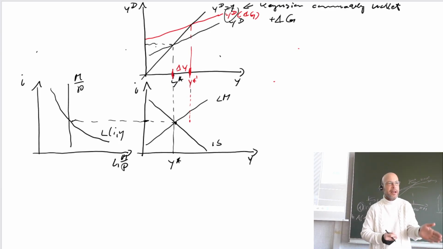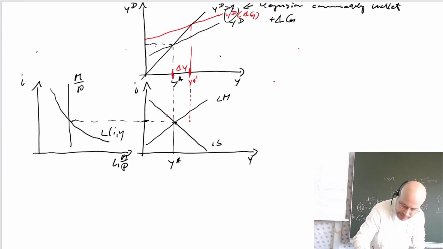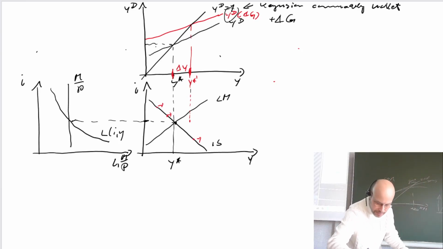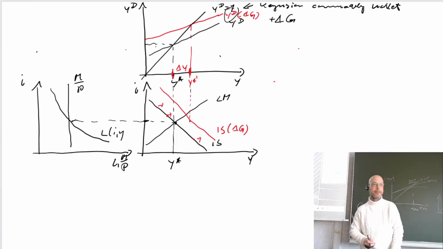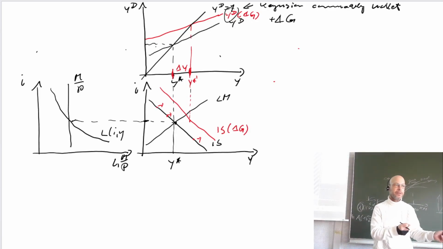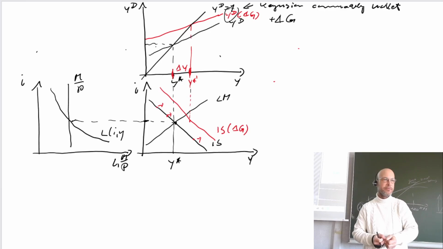But this deriving the IS curve, the new IS curve, we have to do with every point on the old IS curve. So this means also that this point has to go to the right, this point, and this point. So this means we have this shift here, IS of delta G. But now we have the flexible interest rates, we have the money market via the LM curve, feeds in.